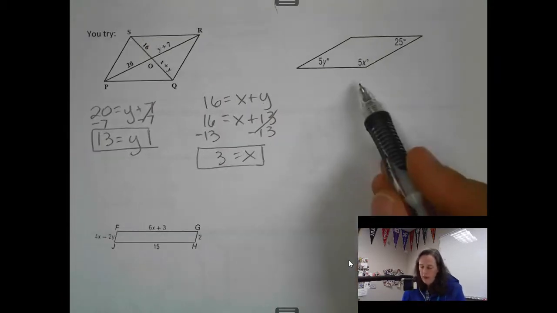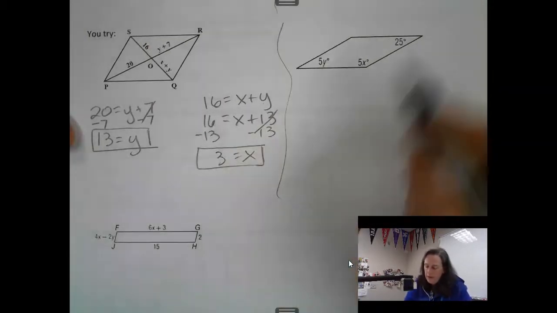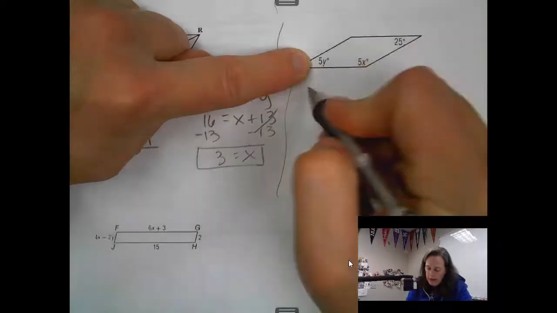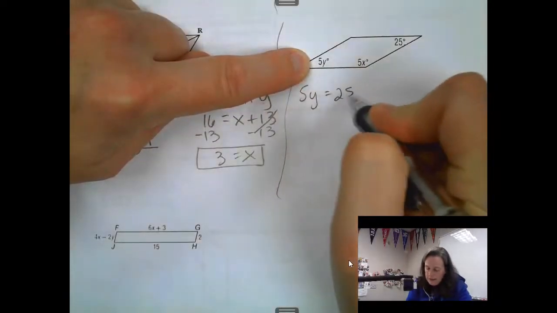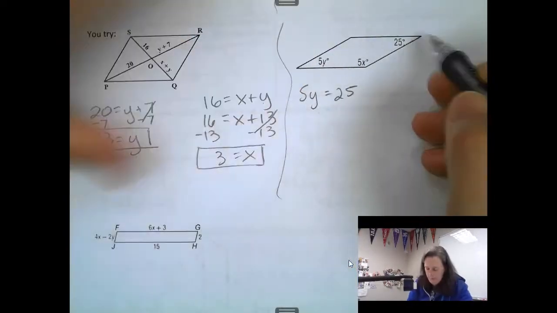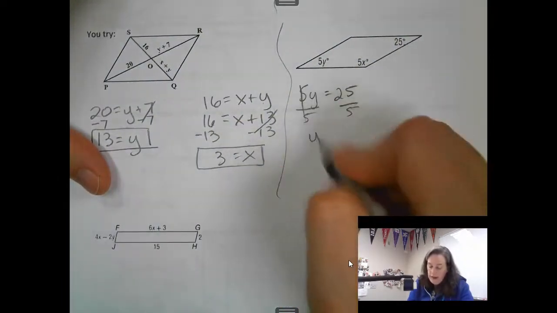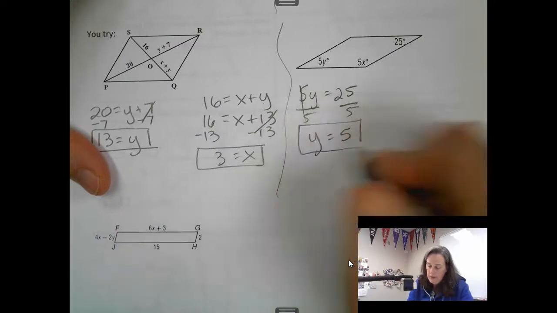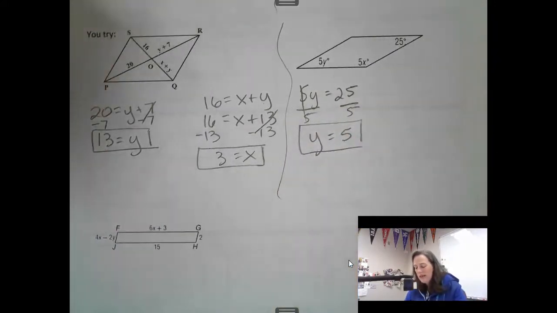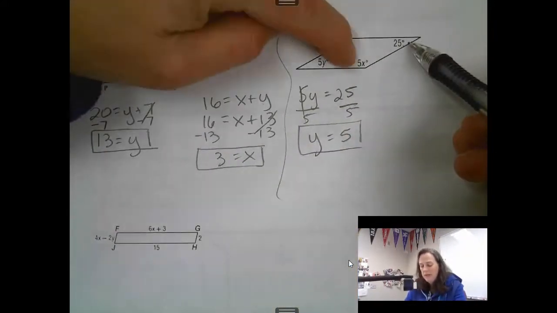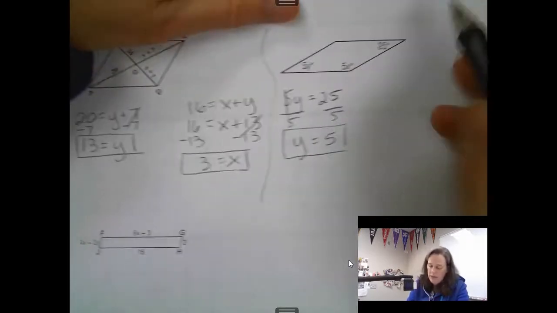All right, so you got one with opposite angles also. Did you do 5y is equal to 25? Very good. Divide by 5. So y equals 5. And then we'll have to set up some consecutive angles that are supplementary to solve for x.